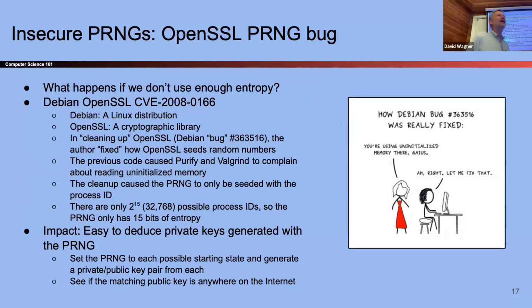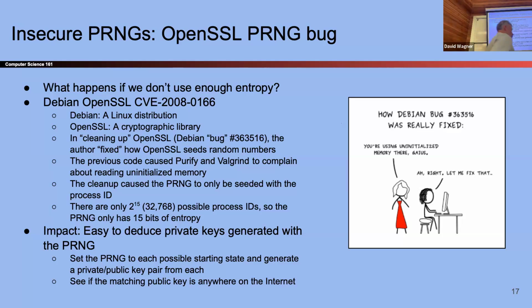And the mistake was they had a PRNG that was gathering seed from multiple sources. One source was a 15-bit process ID, and another source was like scavenging around in memory to look at what values were left over from earlier processing. Not a great design.